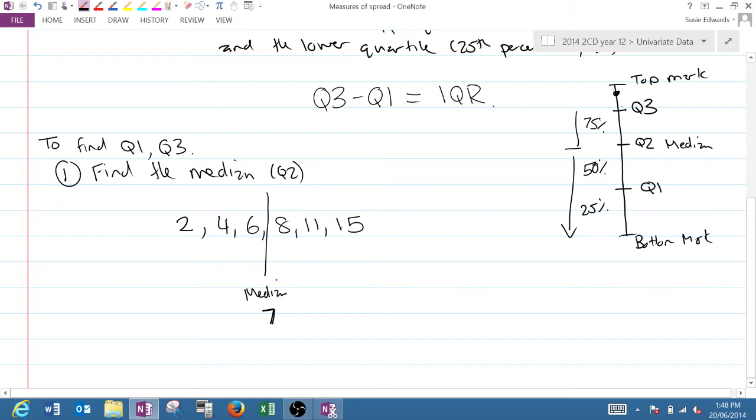If that's how we find the 50th percentile, how do you think we can find the 25th percentile? So Q1. Yep. It is. So we find the median of the bottom half of the data. So our second step is to find Q1. We find the median of the lower set of data.